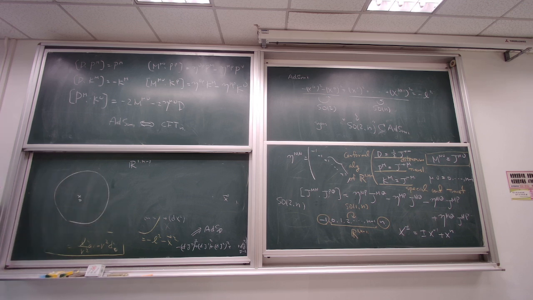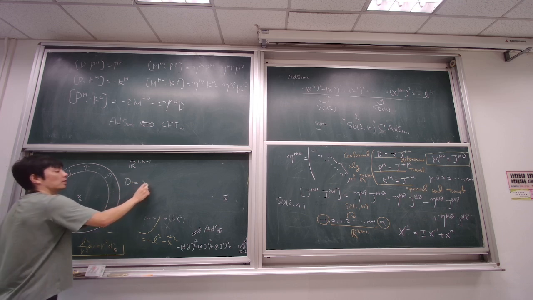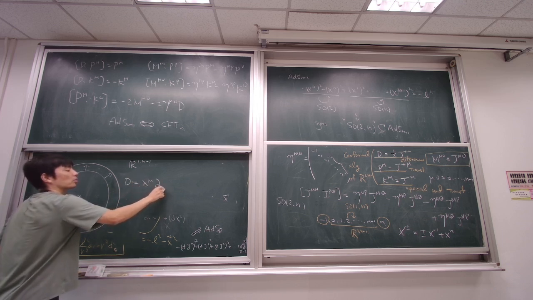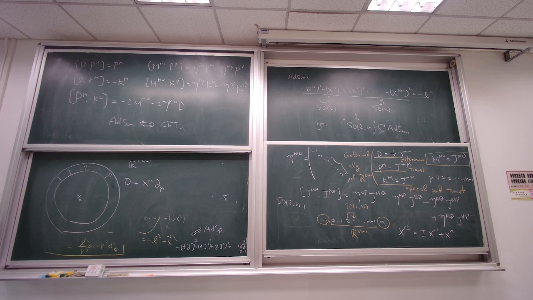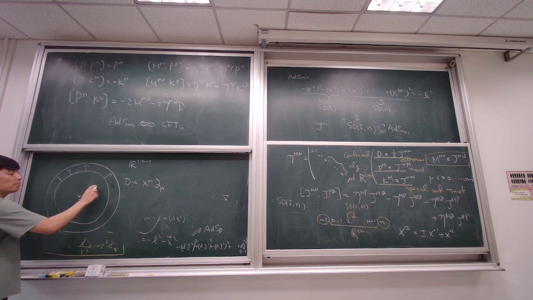D is the dilatation, just the scaling transformation. It just generates the circle, it generates the scaling transformation. Therefore D is something like x^mu partial_mu. On the other hand, the special conformal transformation is a bit more involved.